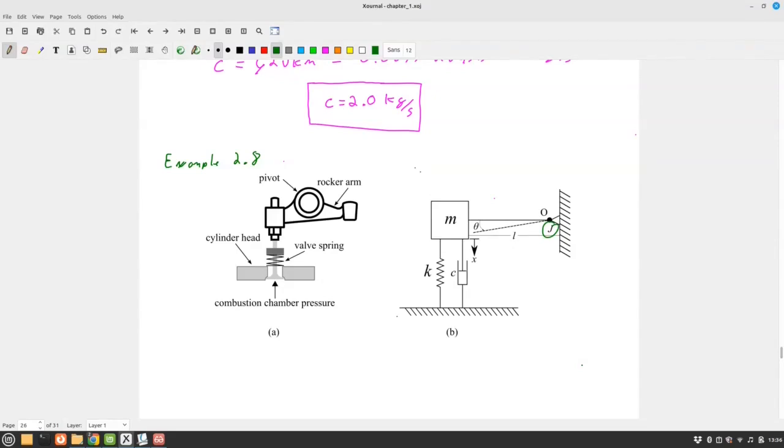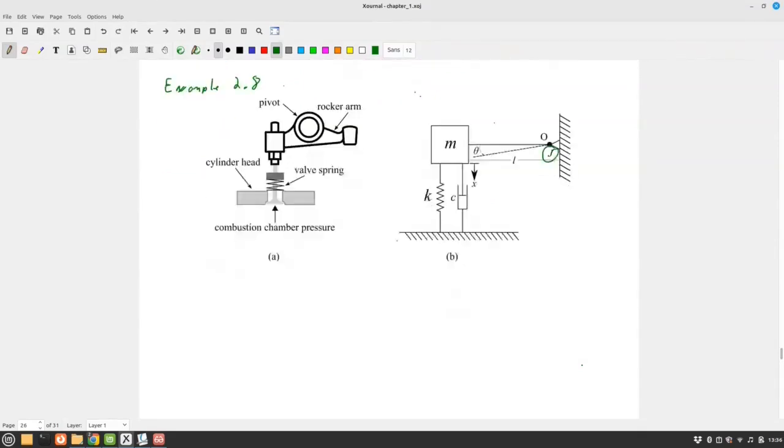All right, so let's start this problem like we start every problem. Let's draw a free body diagram. I've got the equilibrium state. I've got some sort of pivot here, and I come out, and all of my mass is at the end, because we're only doing a point mass model.